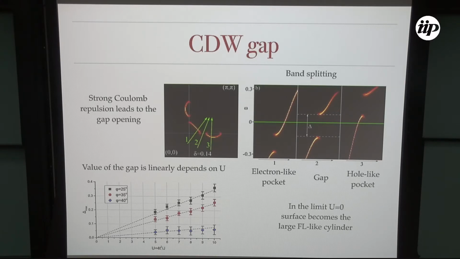We can conclude that the strong Coulomb repulsion leads to the gap opening in this case. Moreover, the value of this gap depends linearly on the value of Coulomb repulsion. In the case where we set U equal to 0, the surface becomes the large Fermi liquid-like cylinder.